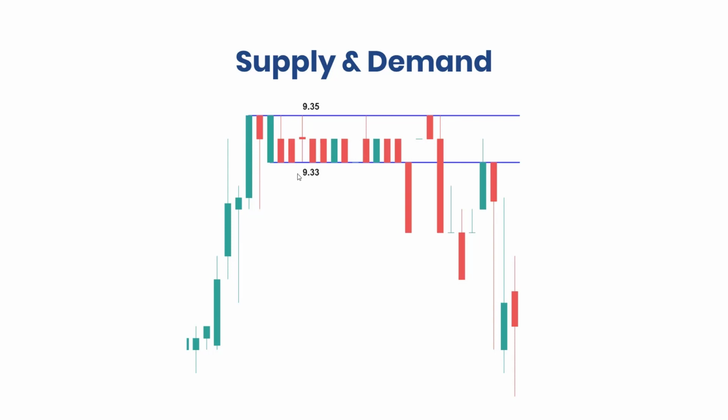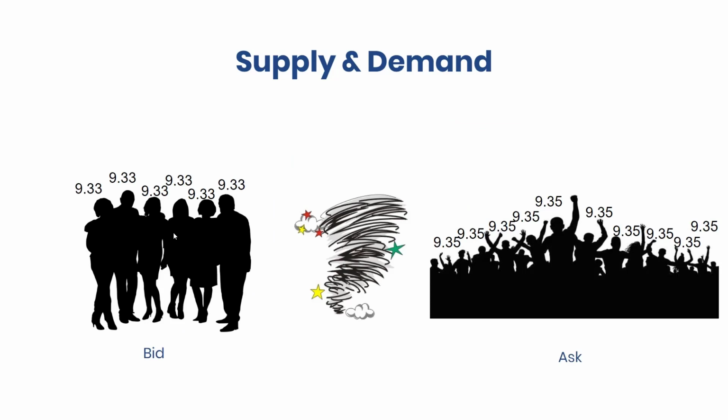Inversely, we have a group of people who are willing to buy everything that they can at $9.33. So every time someone sells into $9.33, it doesn't move at all. Until what happens? That entire group who are willing to buy at $9.33 gets everything that they need. If we go back, we see that that group is much smaller than our $9.35 group.